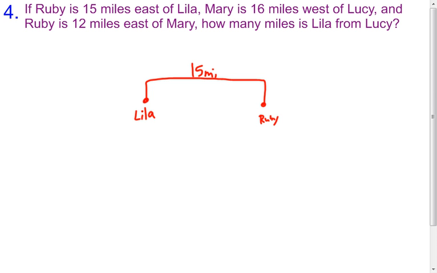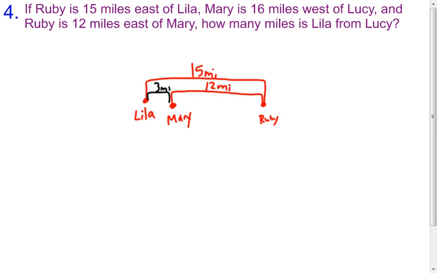Mary is 16 miles west of Lucy, and Ruby is 12 miles east of Mary. So I am going to figure this out first. Ruby is 12 miles east of Mary, so Mary is going to be right here. This distance is 12 miles, and Ruby is east of Mary. So there's where Mary is. Clearly you can see that this distance right here, if you needed it, was 3 miles.